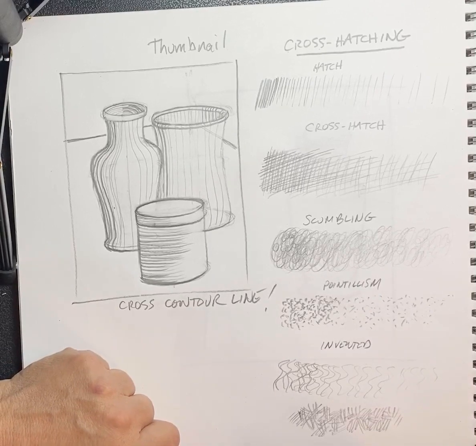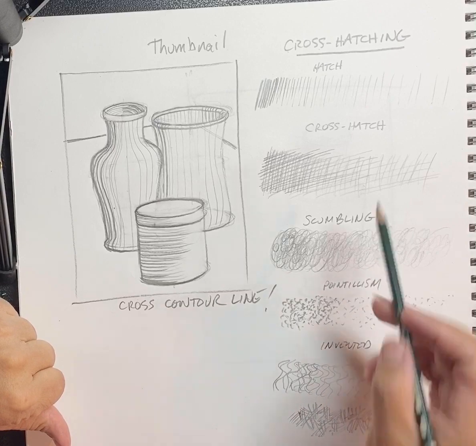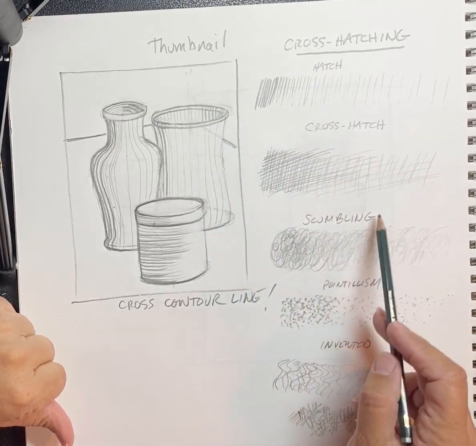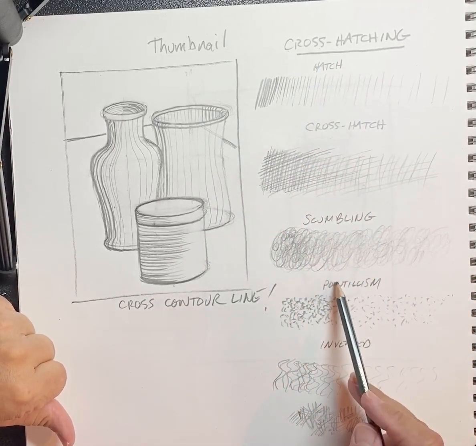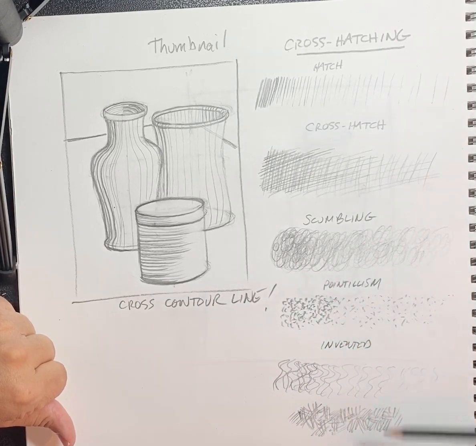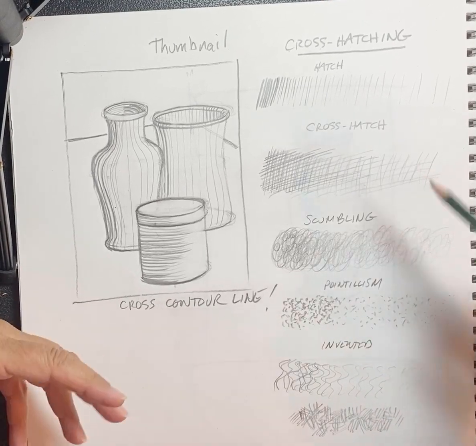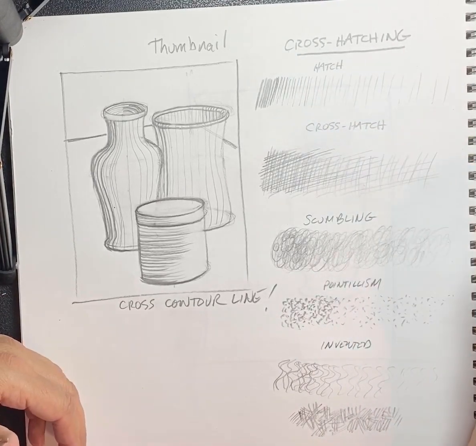Those are some of the names if we were in a graphic design class for different patterns. So you have hatching, cross-hatching, scumbling, pointillism, or any kind of invented pattern. Those are the basic tools that you have which would fit under this broad category of cross-hatching.